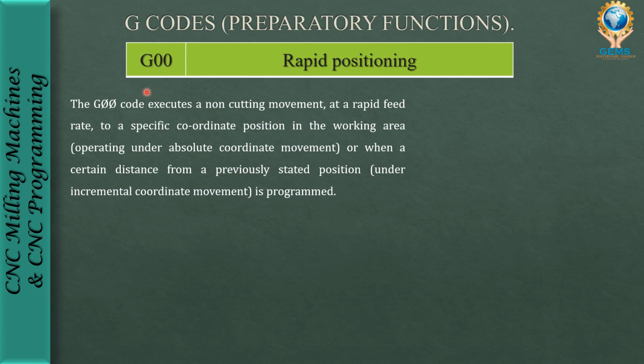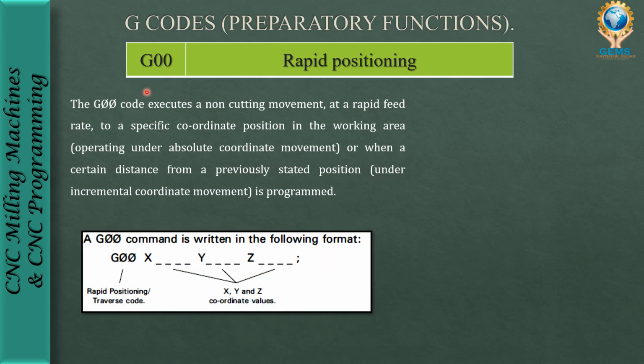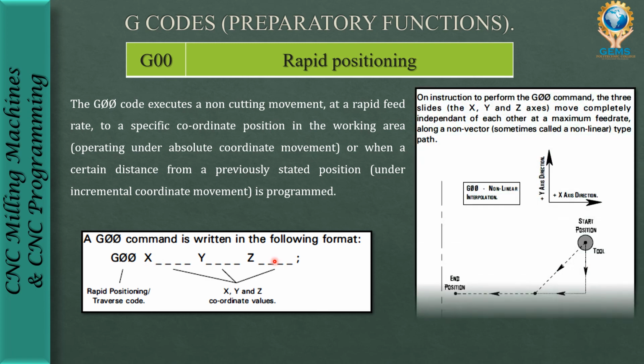Under incremental coordinate movement, it is programmed. Whenever we need any rapid movement or rapid motion, where the tool has to come to a specific position, we can use this G00 code. You can use this G00 code in the following format: G00, and you can mention the X, Y, Z position.